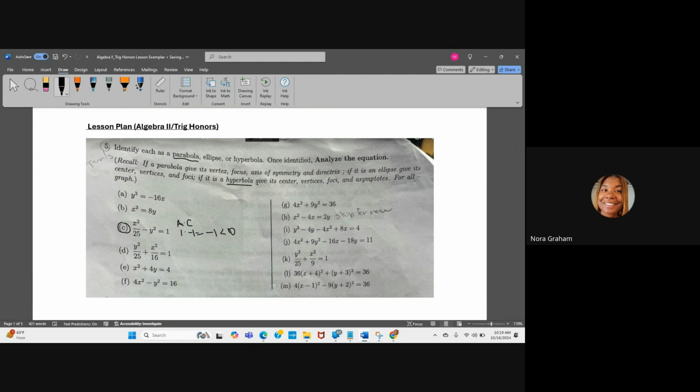Now, since it's a hyperbola, they want us to give the center. So let's give them the center.